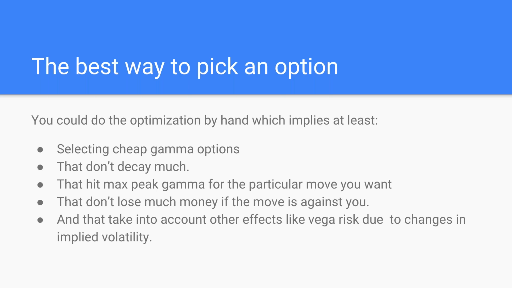And finally, you have to take into account vega risk. If you are concerned about vega, for instance, look at what happened back in February, when implied volatility went through the roof during the correction. If you bought options, in particular long-term options in SPX around that time, you are out of luck, my friend.